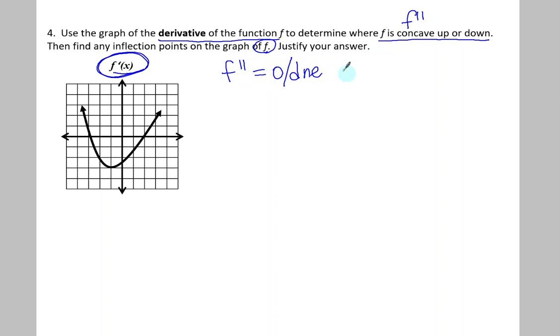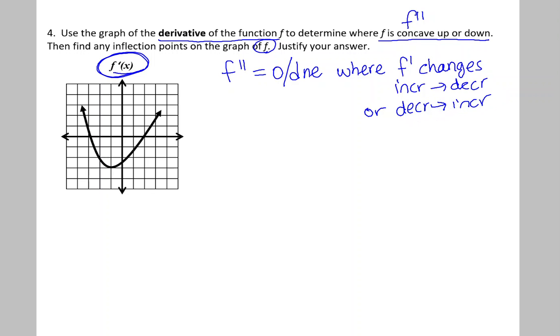That's going to happen when we're exploring the first derivative, where f prime changes from either increasing to decreasing or decreasing to increasing. That happens once on this graph right here, decreasing to increasing, and that's at -1.